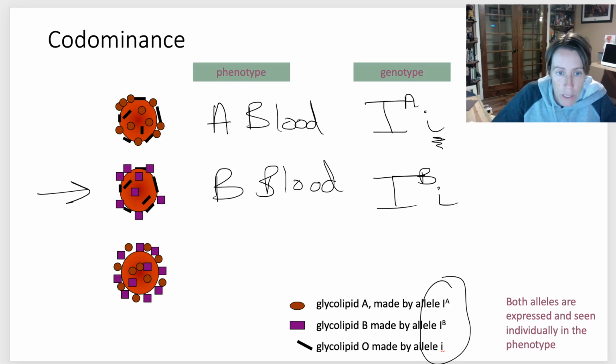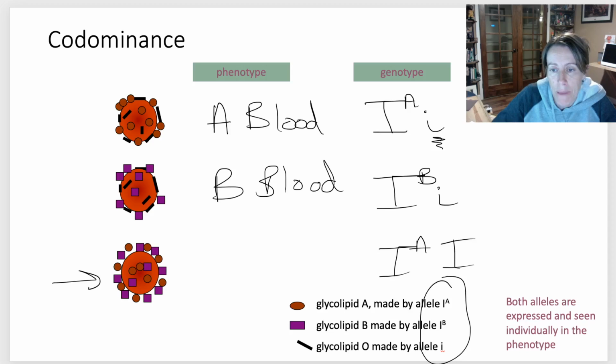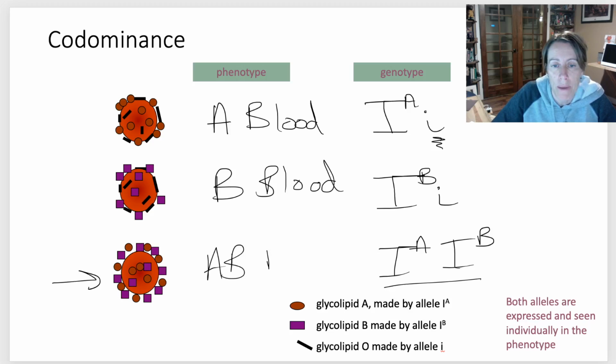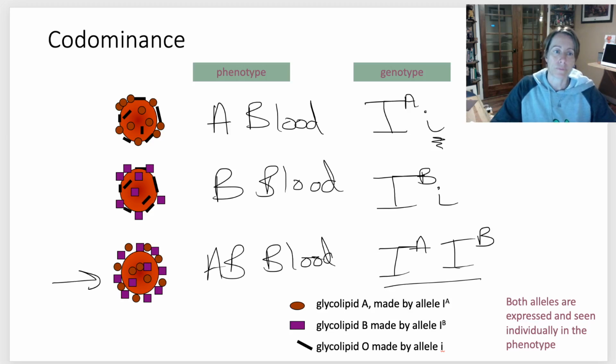And then the last one here, we have this cell is decorated with both type A and type B. So we would write their genotype like this. And we would say that their type, this would be type AB. It's quite rare actually to have type AB blood, but there are some people that are type AB. All right.